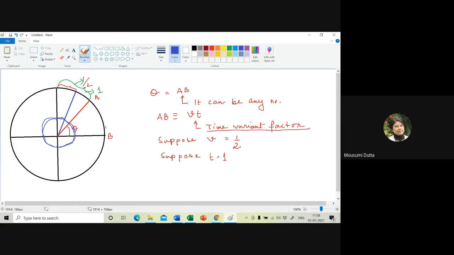So as you are changing the time, you can change the length of the arc, and this change in the length of the arc will itself change the angle. The length of the arc will itself change the size of theta.